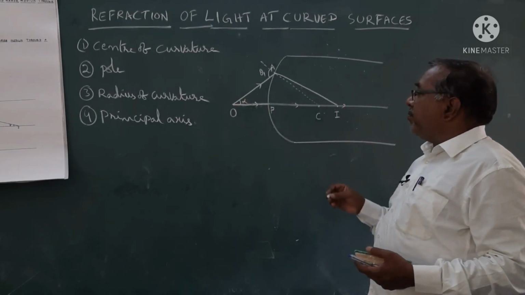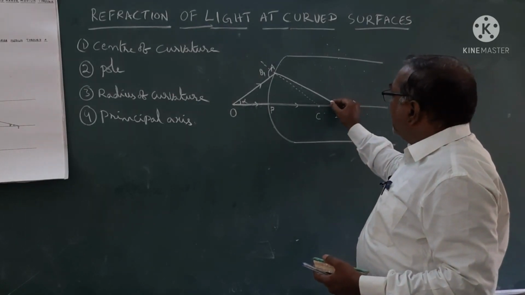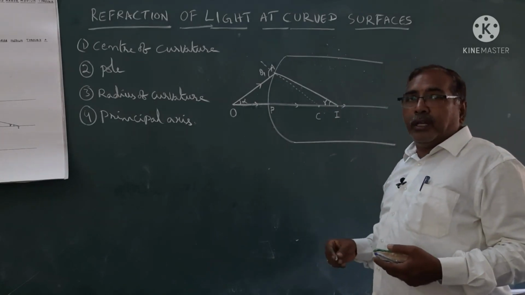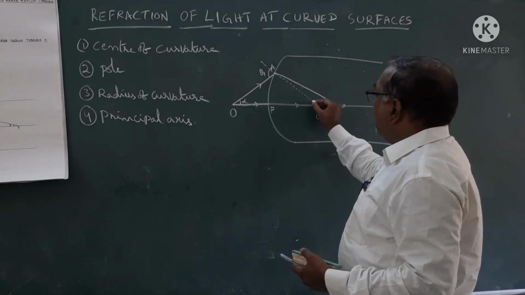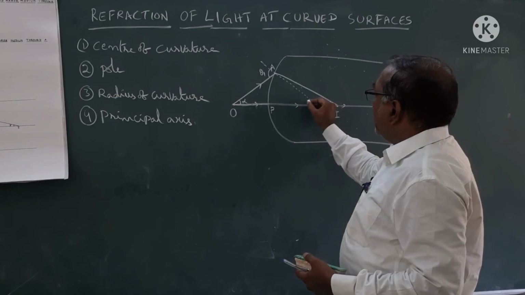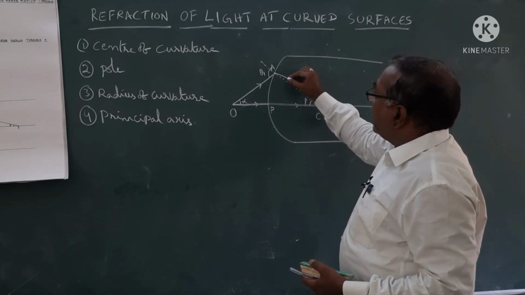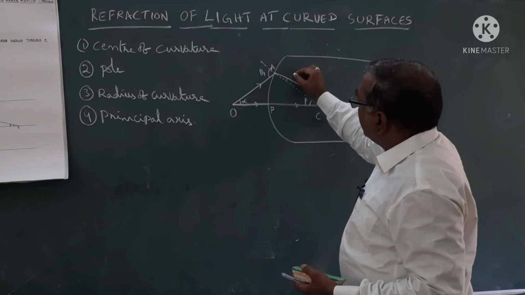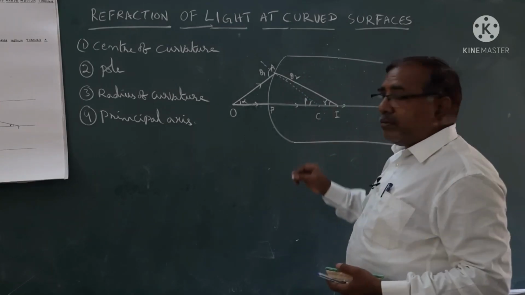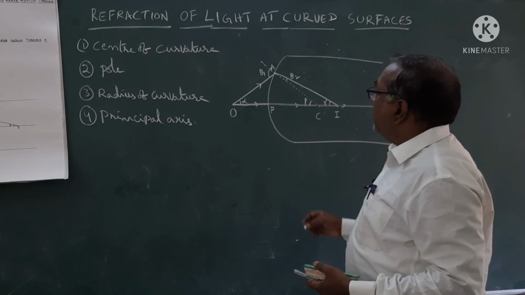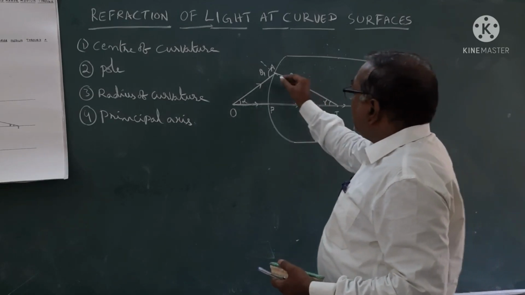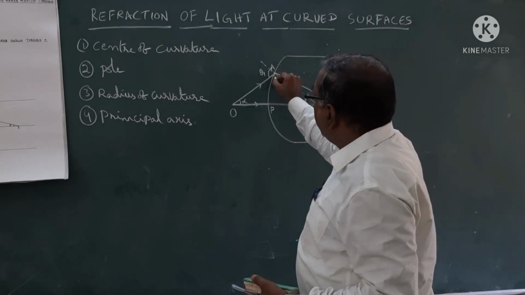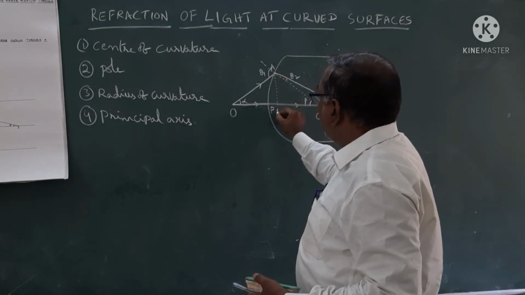Here, the angle is gamma. Here, the angle is beta. This is the angle of refraction, that is theta 2. A normal drawn from the point of incidence A to the principal axis meets at the point N.